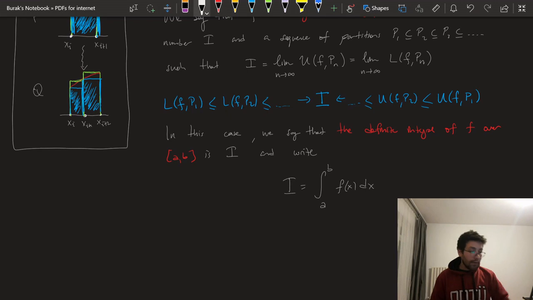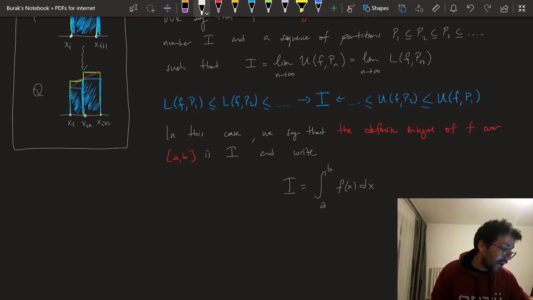Okay? So this is the definition of the definite integral.